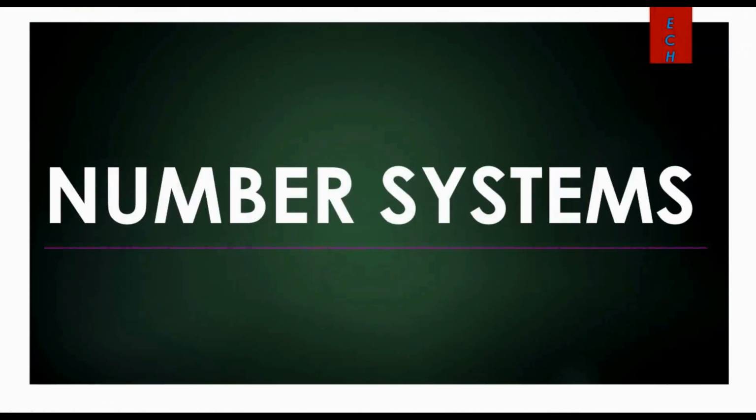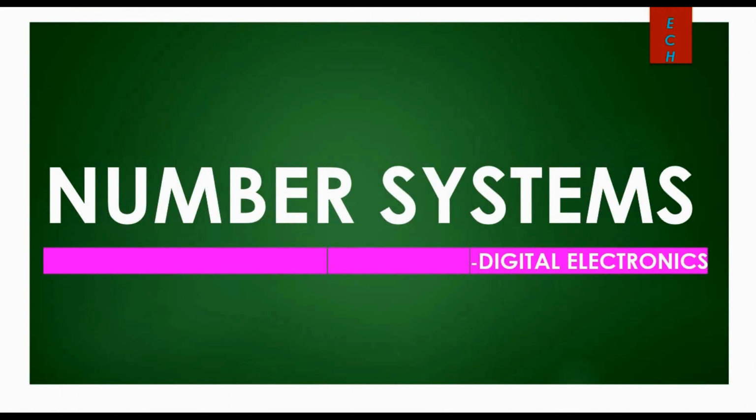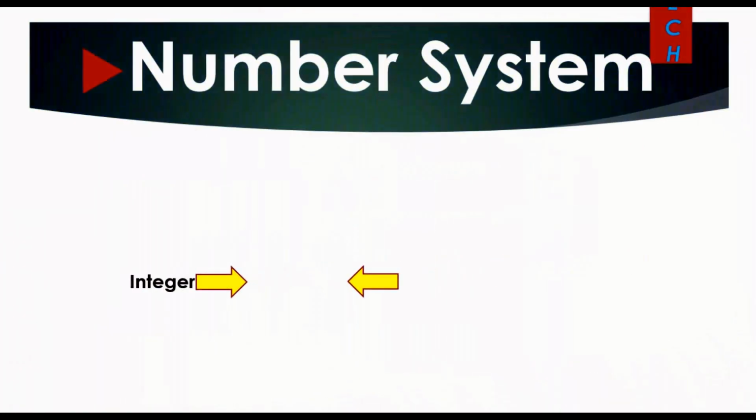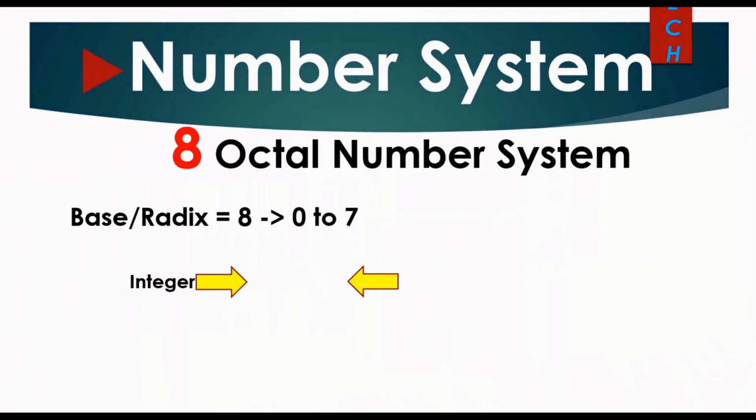In the series on number systems, today we will learn about the octal number system. The base of the octal number system is 8, so it can be represented from 0 to 7.